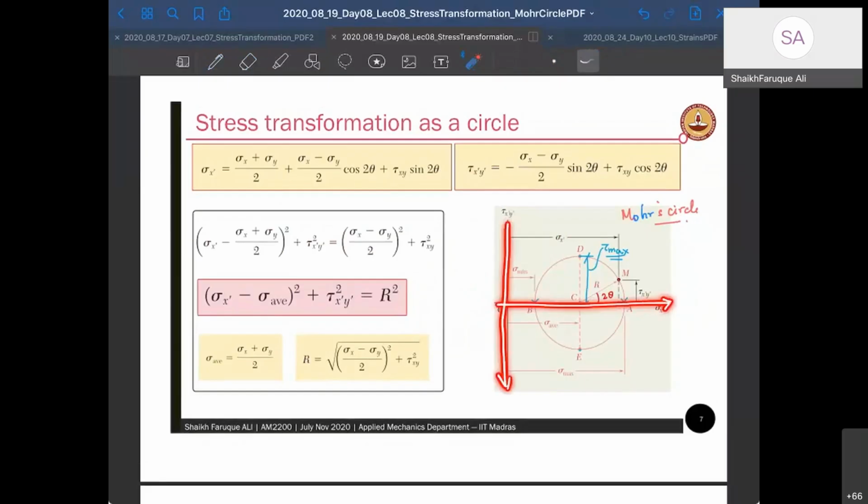This will represent a circle on this sigma-tau plane, and each point on this circle will represent one plane by itself. There are 360 degrees, and each degree will represent one plane separately. There can be many more planes based on how much resolution you want.